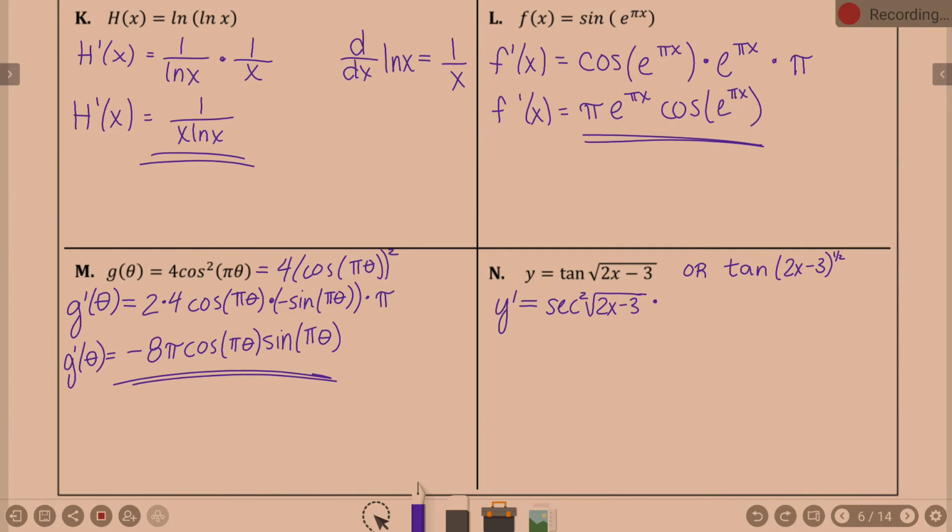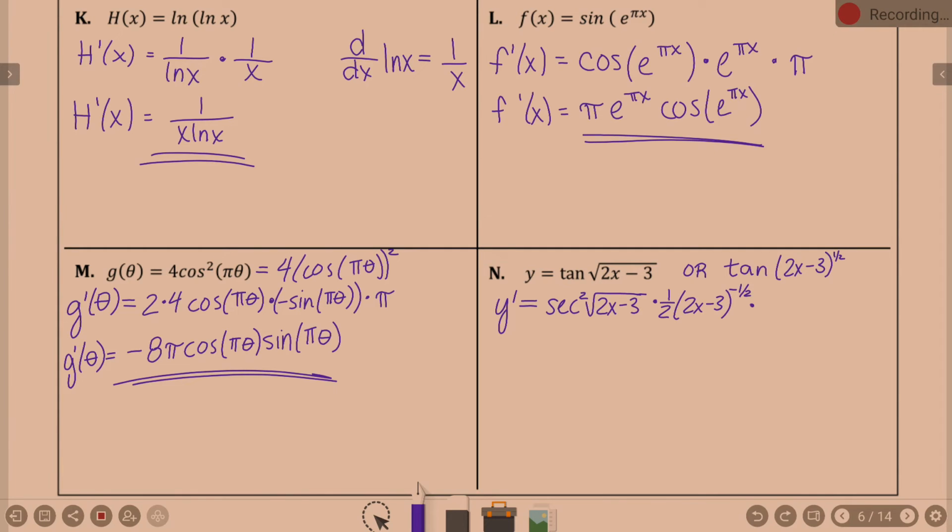How do I do the square root of something? You have to change it into that form. We're going to do the derivative of something raised to the 1/2, which means 1/2 moves out front times 2x minus 3 raised to the negative 1/2 times 2.